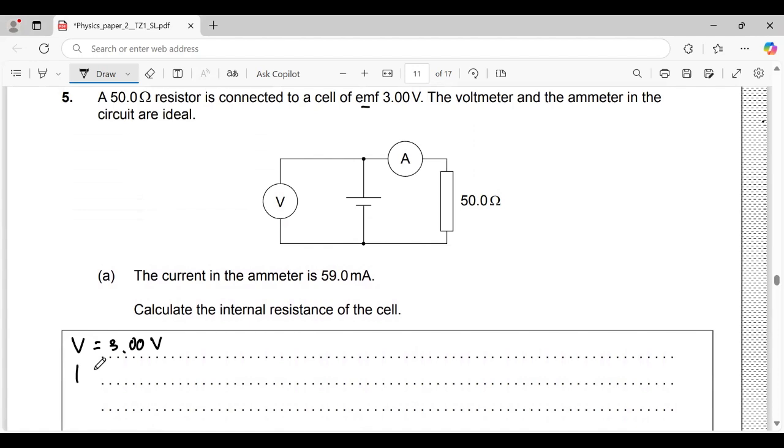And current I is the current of this circuit, which according to this information is 59.0 milliamps. If we convert into amps, it becomes 0.059 amps. So I would like to use this number.